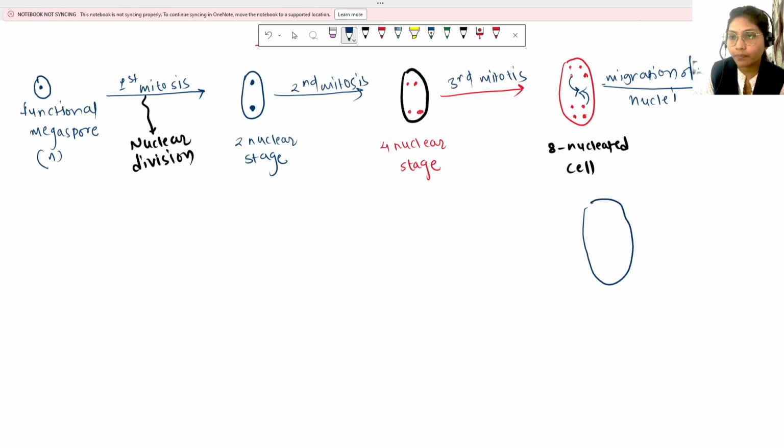The remaining 3 nuclei are on the upper side and the remaining 3 on the lower side, and these 2 nuclei from the upper and lower side will migrate to the center. So this stage looks like this. And finally the cytokinesis will occur.